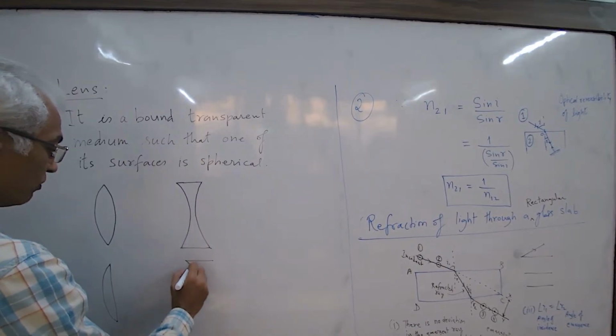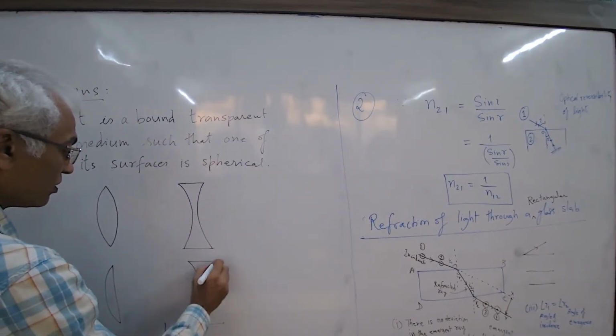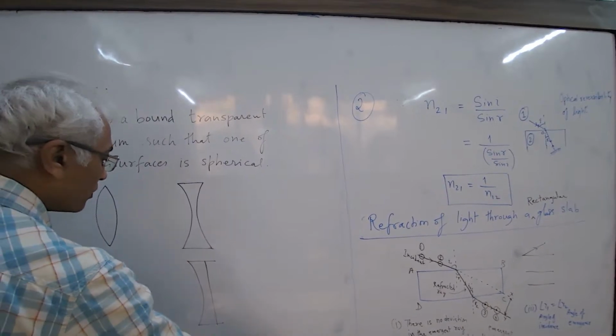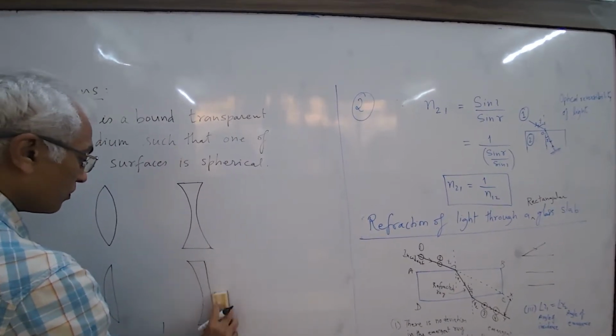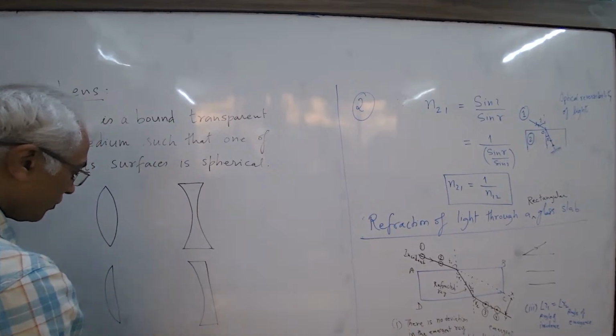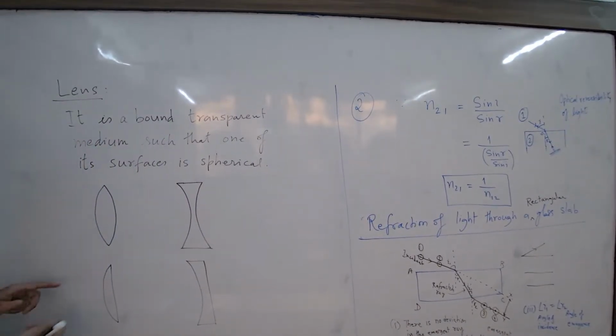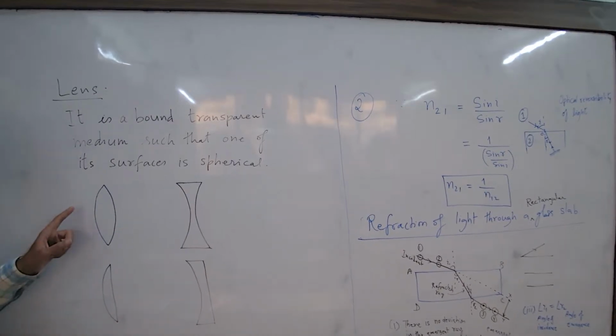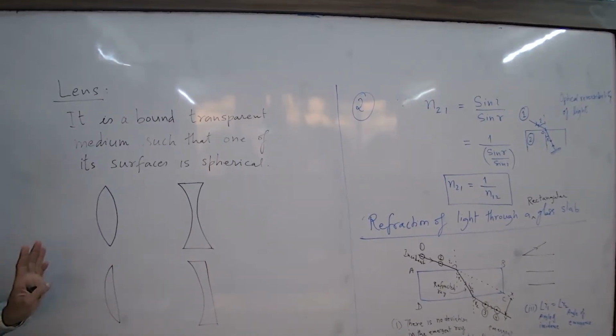So here only one surface is spherical, the other is straight. Okay, there are other curvatures possible like moon shape. So at least one surface should be spherical. That's the idea.